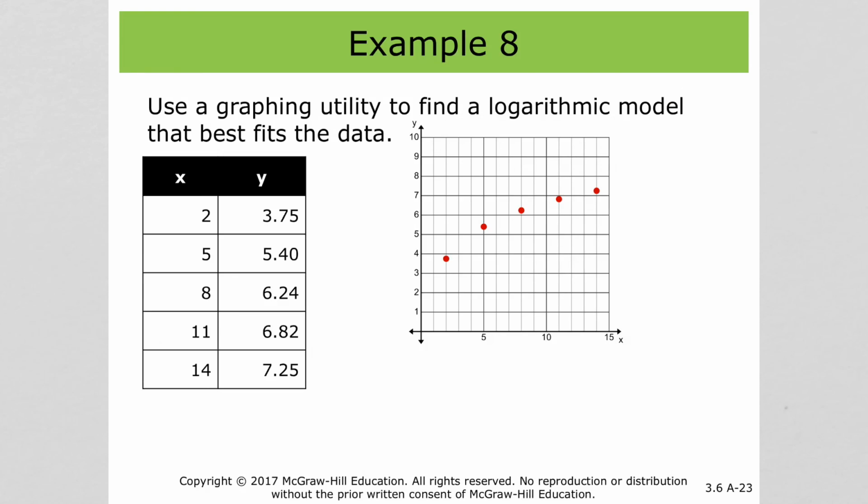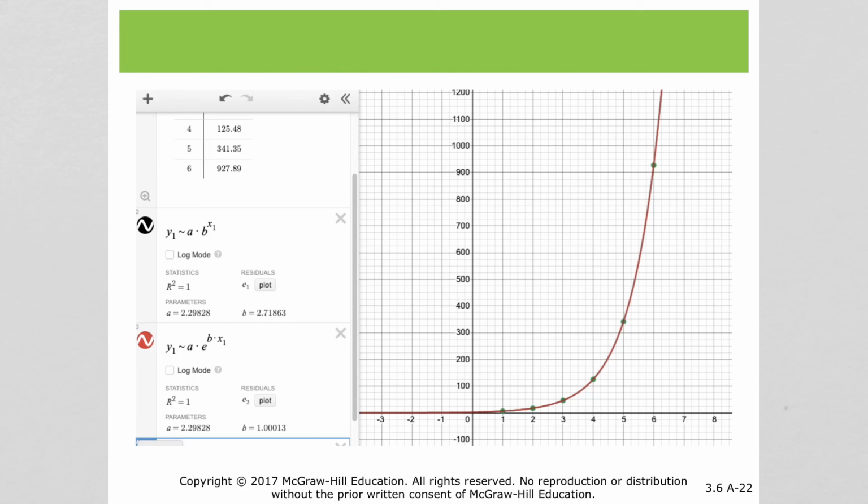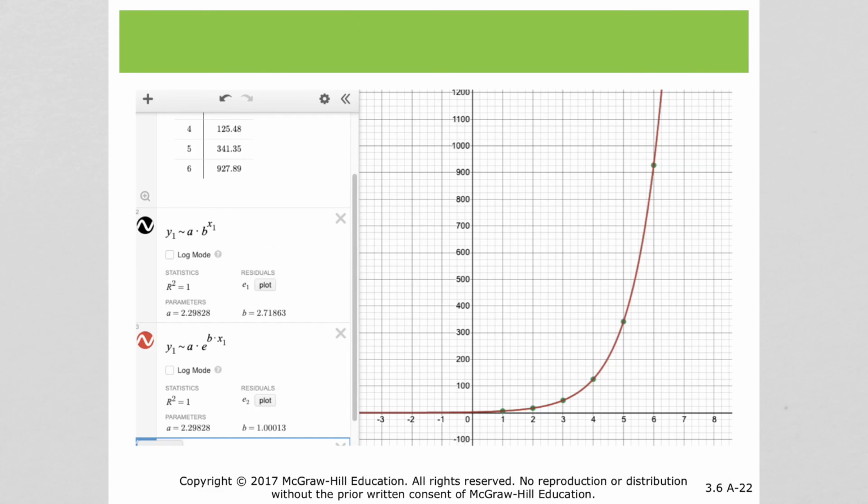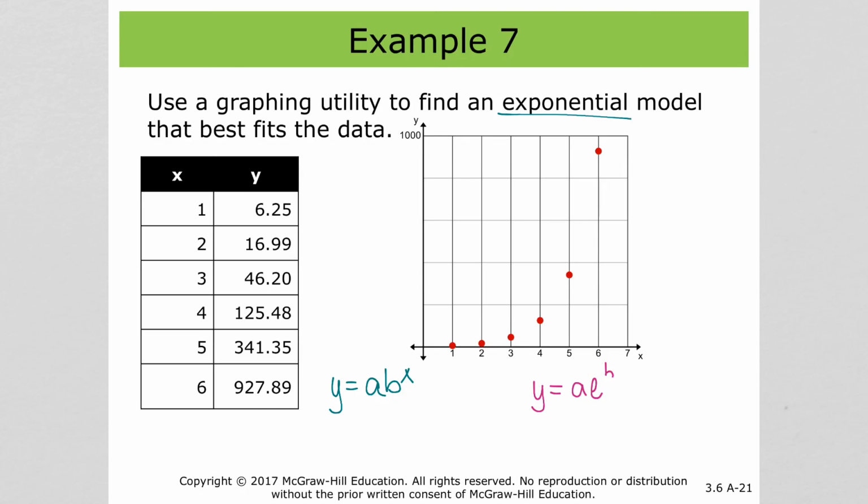So there's 2 options. One would be something that looks like y equals a b to the x. The other would be y equals a e to the b x.